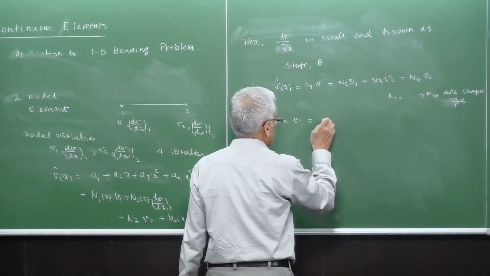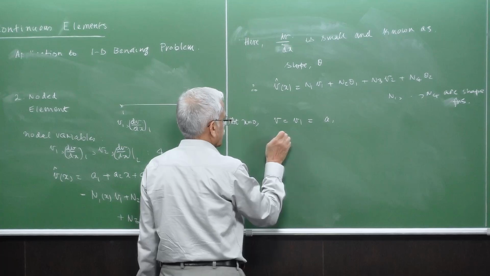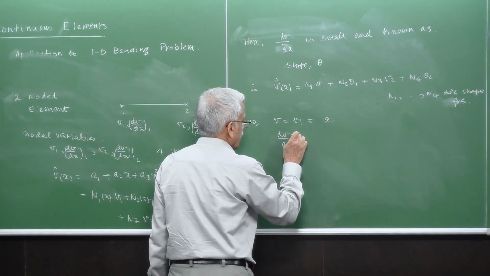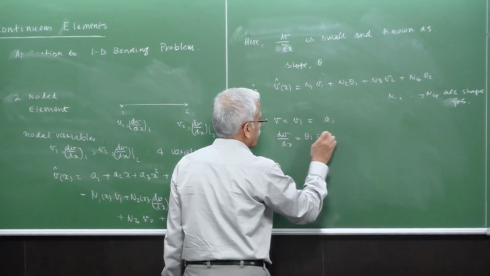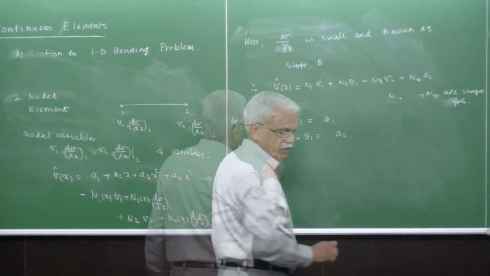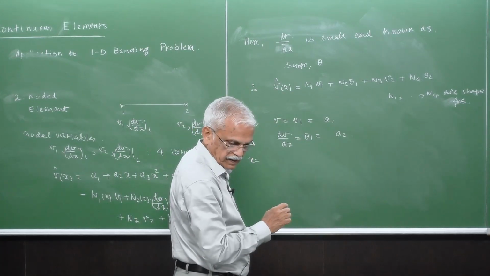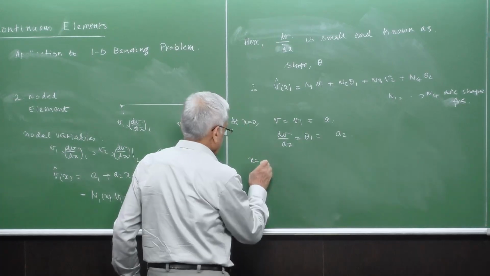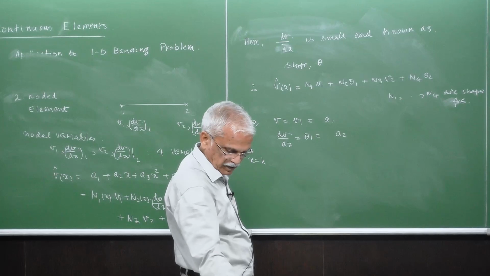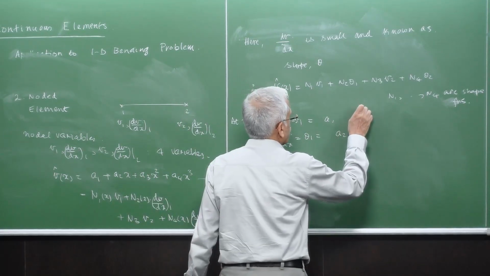So v is equal to v1, so we have a1, and at x equal to 0, dv by dx is theta 1, which is equal to a2, and at x equal to, say, h, or instead L or A, let's just say L here or H, doesn't matter.